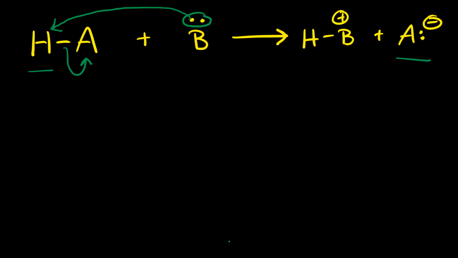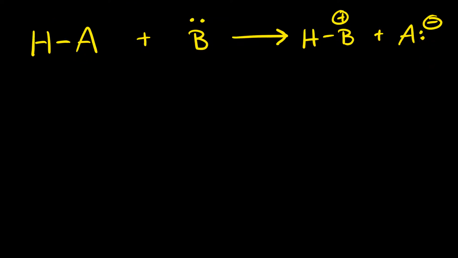So the lone pair that is now on A was originally the sigma bond here, and the sigma bond that is now between H and B originally was the lone pair here. Now what we need to do in the next slide is to take a look at what this has to do with acidity and basicity.